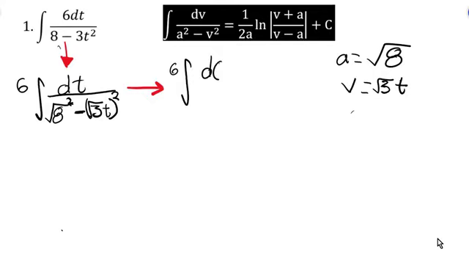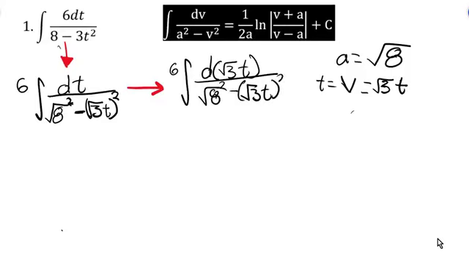So we know that v or t, whatever you want to call it, we're going to put in here this value, which is the square root of 3 multiplying t, over all this over here, right? And there we have it, boys. As you can see, this is specifically applying to this formula over here.